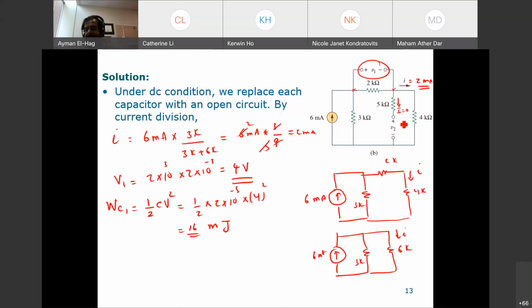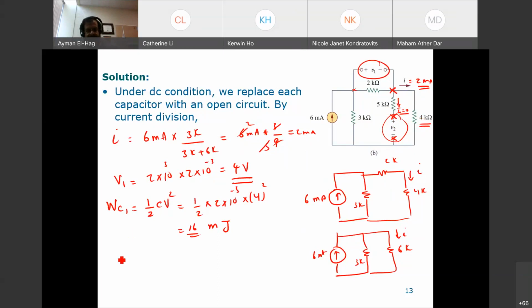Now I want to find V2, which is interesting. V2 is the voltage between this point and this point. However, this current is equal to 0, so this voltage drop is equal to 0. So V2 from this point to this point is the same as the voltage from this point to this point, because there's no voltage drop here. The voltage between this point and this point is the voltage across the 4 kilo ohm.